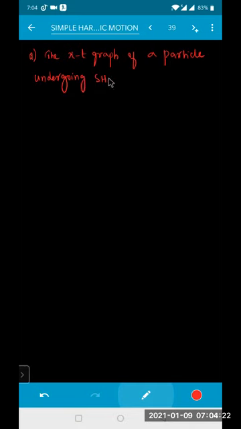Next question, look. The x-t graph of a particle undergoing SHM is shown.